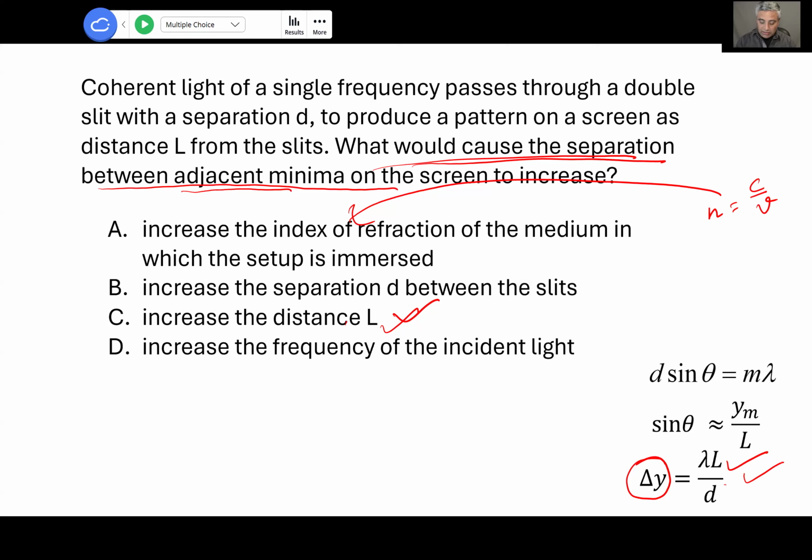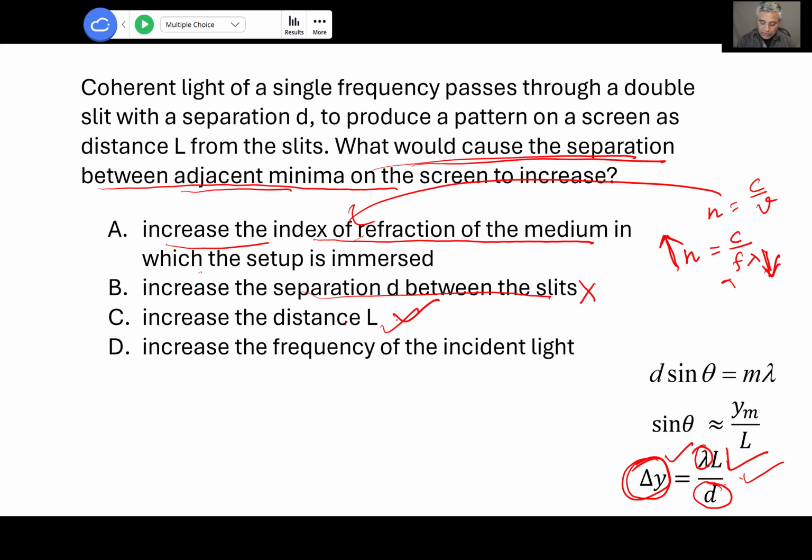Now, increase the separation distance between the slits. If you increase D, then delta y is going to be smaller. So that's why this is not correct. And for this one, we have to write this a little bit more. C equals f times lambda. So the frequency is the same, which means when n, the index of refraction of the medium, increases, the wavelength decreases. If the wavelength decreases, then delta y is not going to increase, rather decrease.